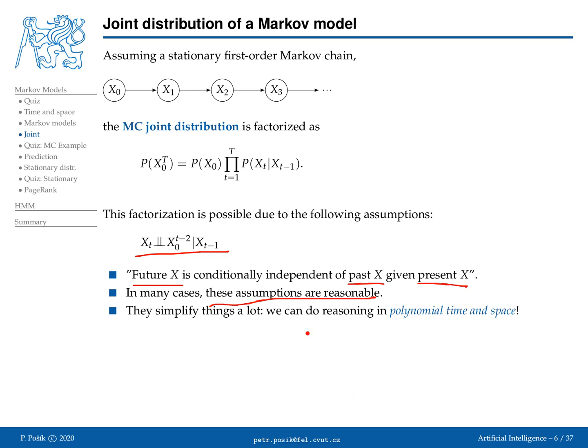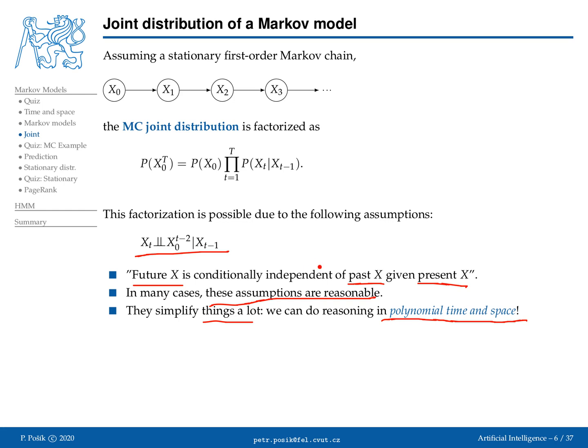Because they simplify things quite a lot, we can do the reasoning in polynomial time and space, which is a huge advantage over the general Bayesian networks that we talked about last week. We said that precise reasoning in Bayesian networks has exponential time and space complexity, and for big problems we are not able to do that.